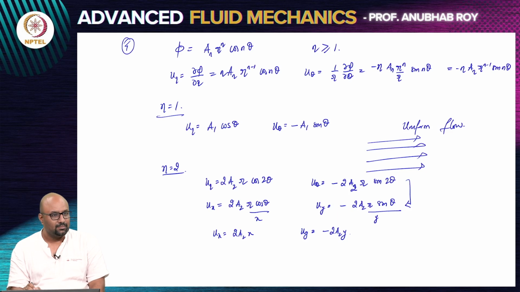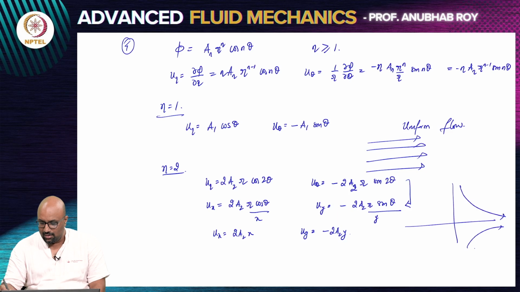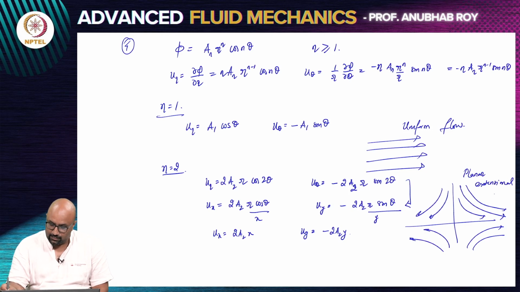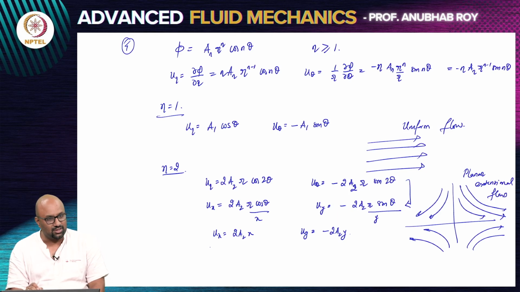U_x equals x, U_y equals minus y, that gives you a flow profile which is a family of rectangular hyperbolas. This is known as planar extensional flow, and you can always verify that for this particular problem vorticity is again 0.